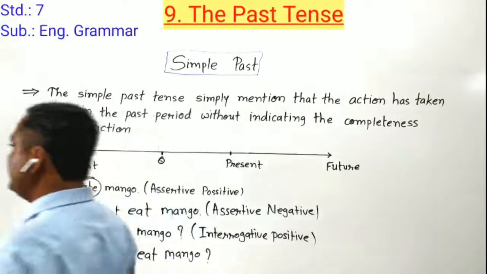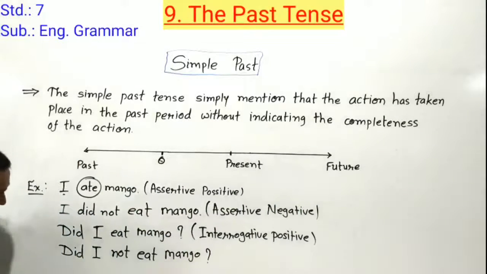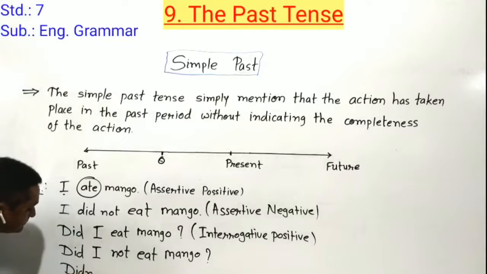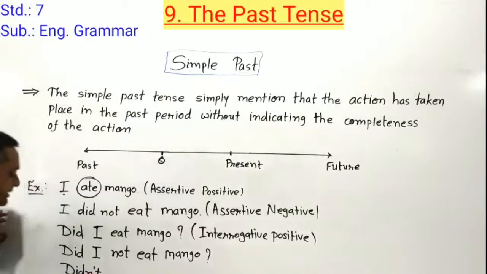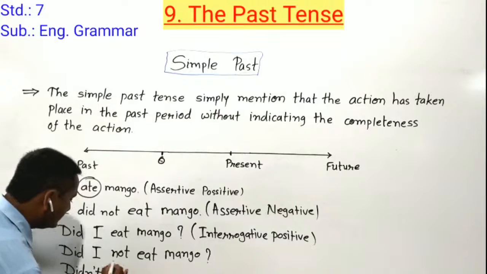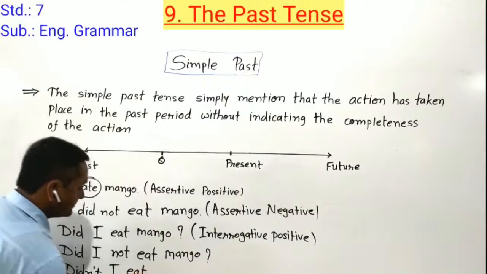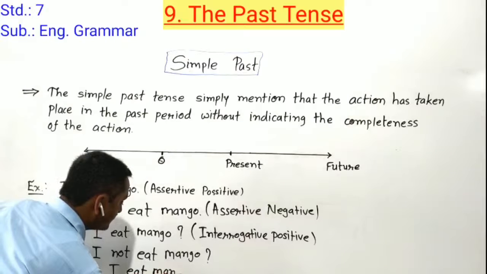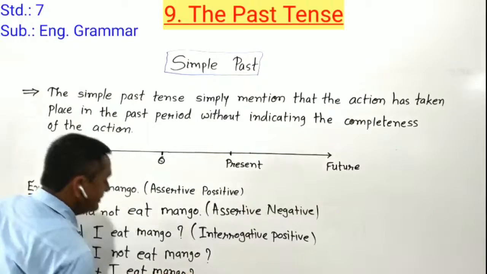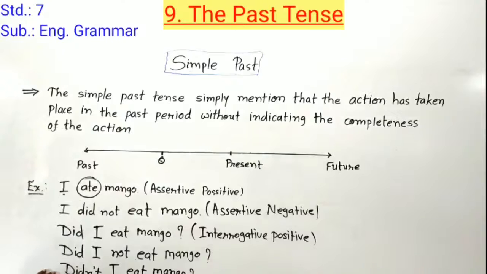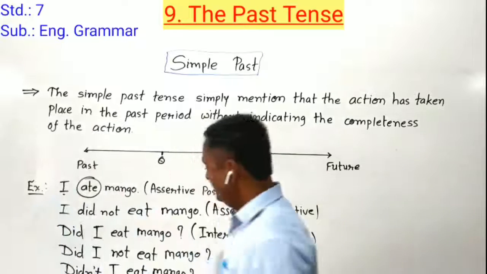How can we write it with contraction now? See, I write didn't. Then we put the subject I, then the verb eat, mango, question mark. So here it becomes with contraction.